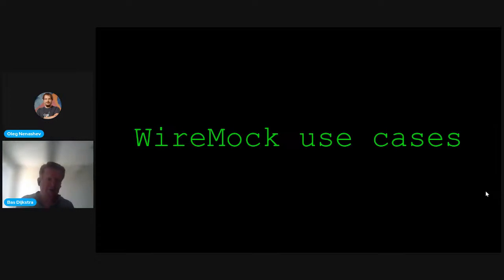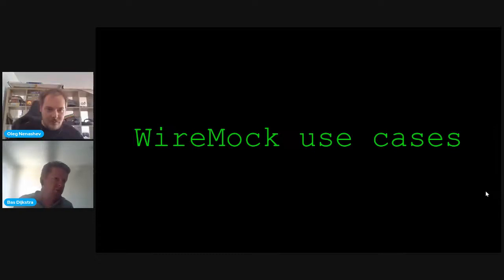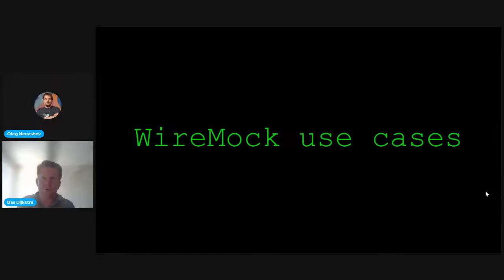To mock out the behavior of APIs or components or services that you either don't want to involve in your test, or that you do want to involve in your test, but that you cannot control well enough. So the behavior of the actual API that you want to interact with is unpredictable, it's hard to control, it's hard to set it up in a way that it behaves exactly like you need it in your tests.